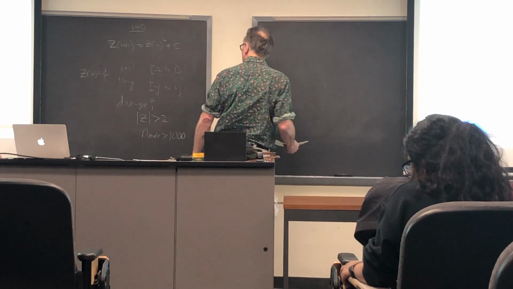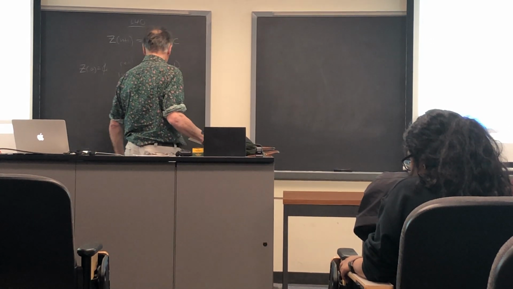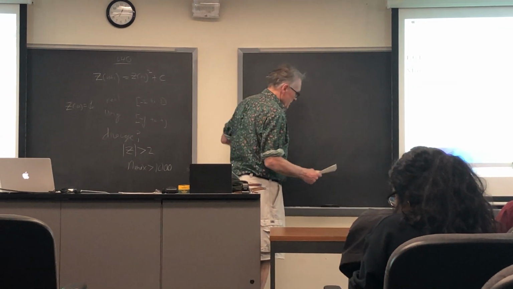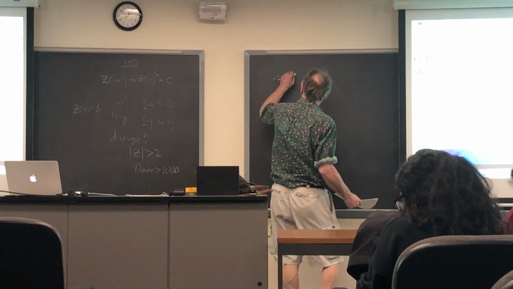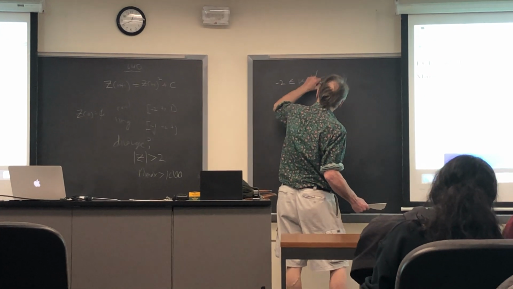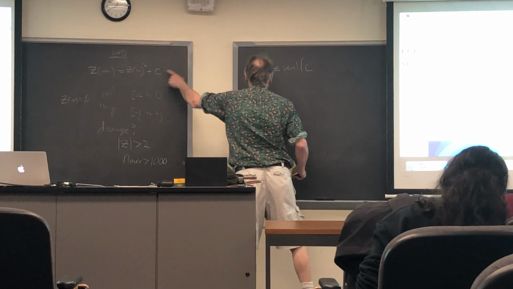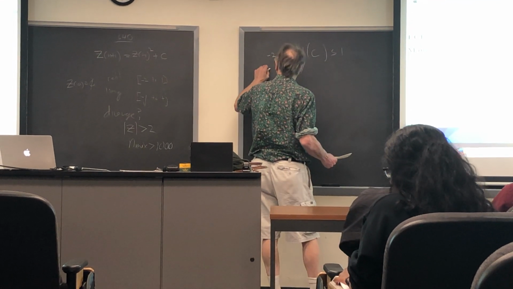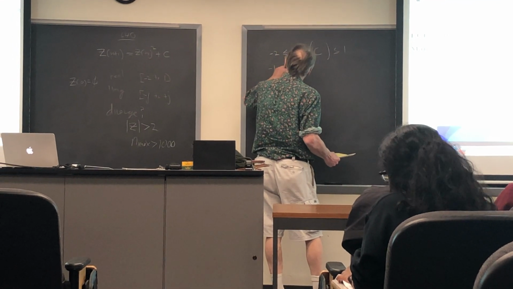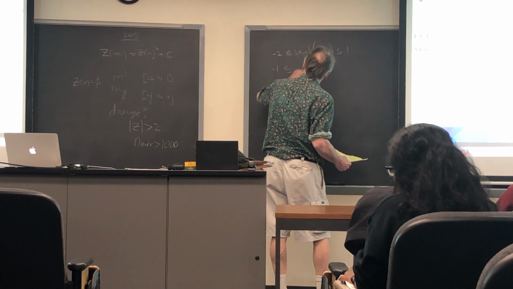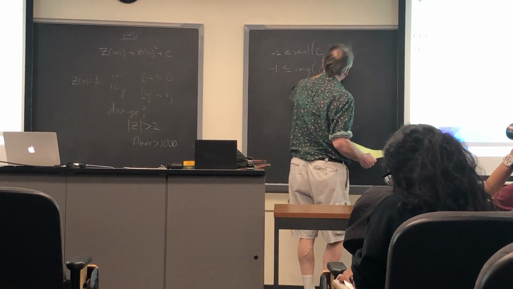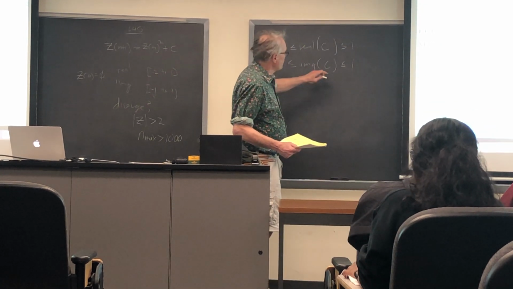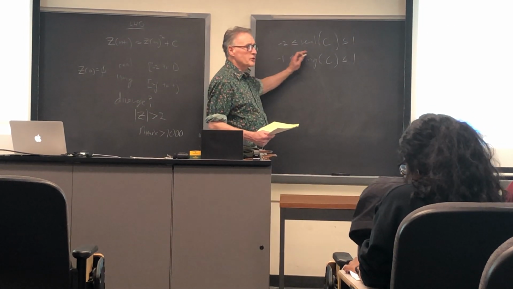So we're going to be mapping the range of -2 less than or equal to the real part of C less than or equal to 1, and -1 less than or equal to the imaginary part of C less than or equal to 1. So that's about a 2 high by 3 wide image.